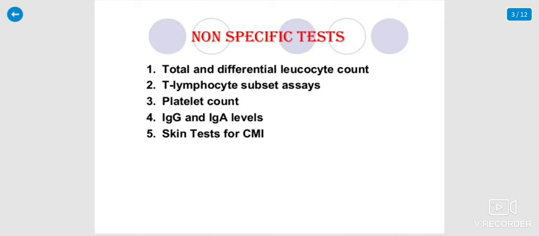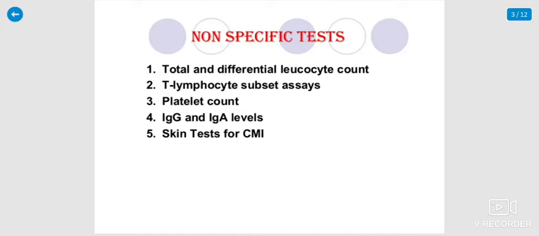Now, some of the non-specific tests are available. Total and differential leukocyte counting, because the leukocyte count is really low, it will be affected in the cells. The T lymphocyte subset test is available in one of the assays; it shows how many subset cells are affected in this person.